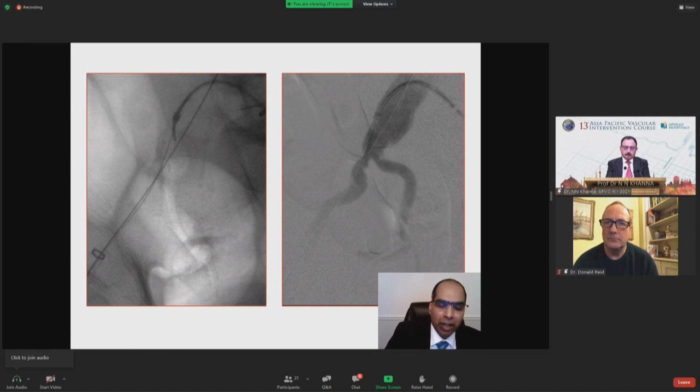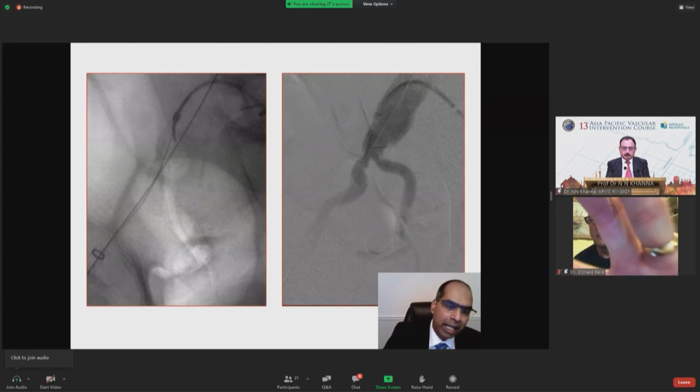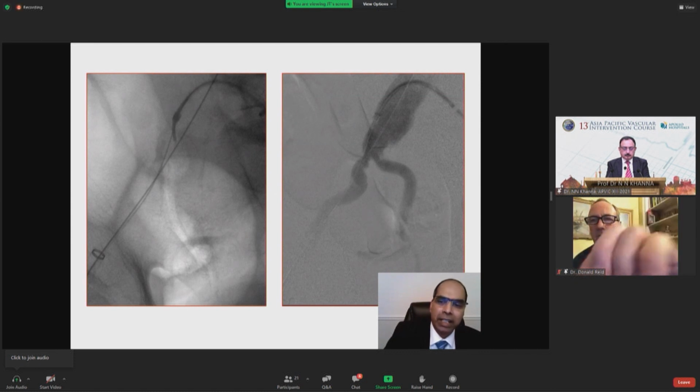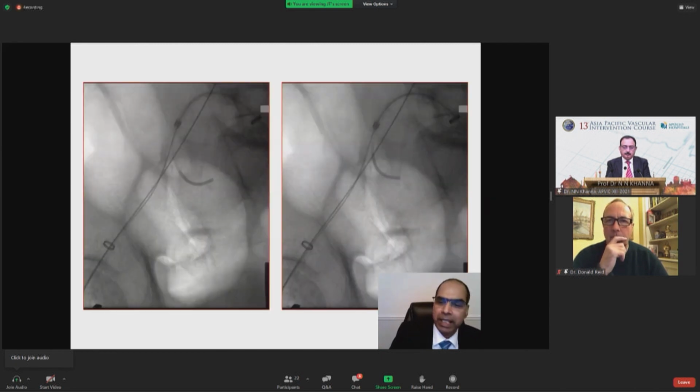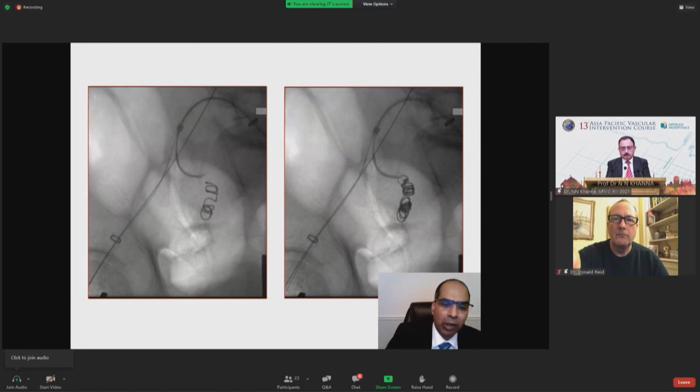This keeps the up and over sheath quite stable, through which you can do an eccentric puncture and send a 5 French catheter through, opacifying the internal iliac artery, cannulating that, confirming that you're in the right place, and then start putting coils in.